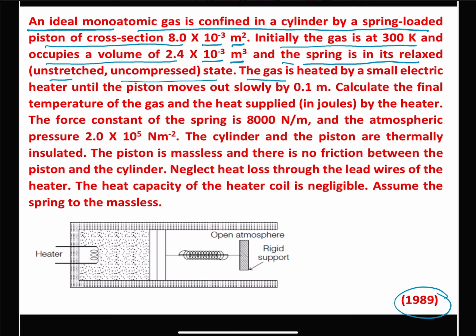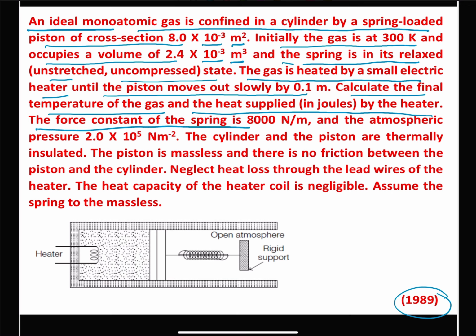The gas is heated by a small electric heater until the piston moves out slowly by 0.1 meter. Calculate the final temperature of the gas and the heat supplied in joules by the heater. The force constant of the spring is 8000 Newton per meter, and the atmospheric pressure is 2.5 into 10 to the power 5 Newton per meter square.